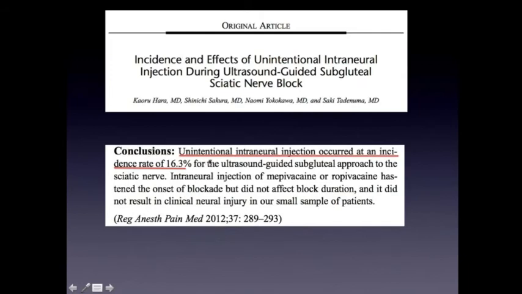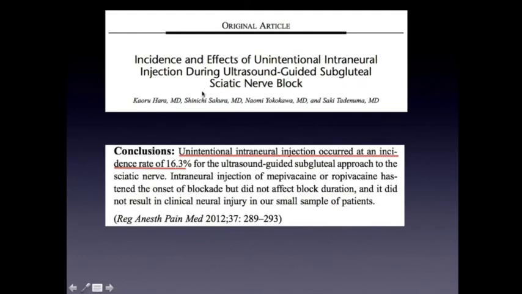This is a prospective study in which they identified unintentional intraneural injection in around 16.3% of ultrasound-guided subgluteal approaches. As I was saying before, if we have poor images of the nerve, we can have a poor image of the local anesthetic spread, or we don't know exactly what the borders of the nerve are and its interaction with the needle tip, and we can have unintentional intraneural injections.